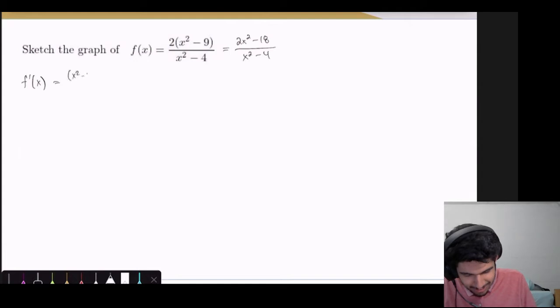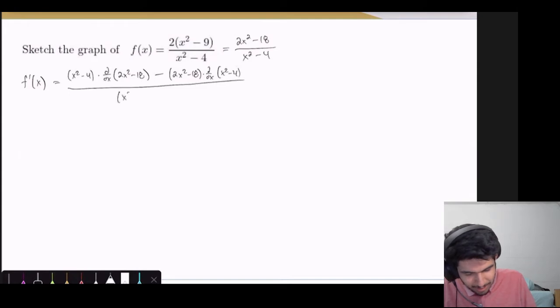Low, x squared minus 4, times the derivative of high, d dx of 2x squared minus 18, minus high, 2x squared minus 18, times the derivative of low, x squared minus 4. All of this over low, x squared minus 4 quantity squared. Okay, let's compute this out.